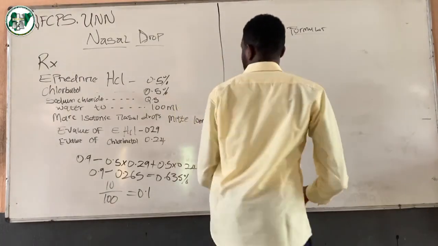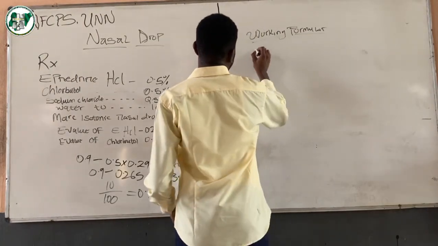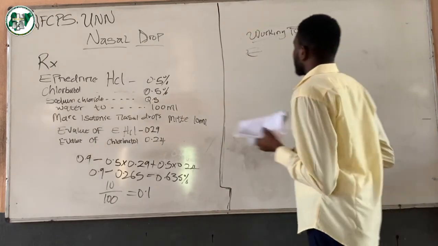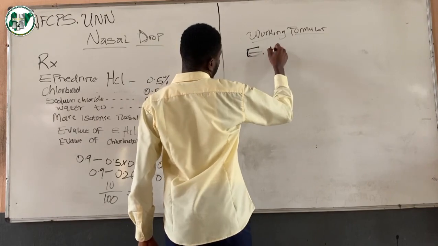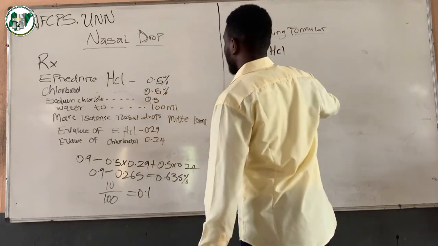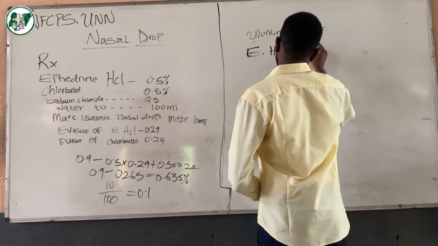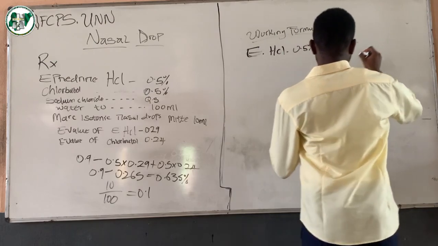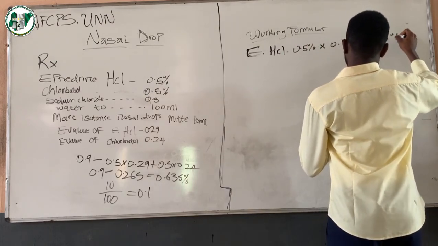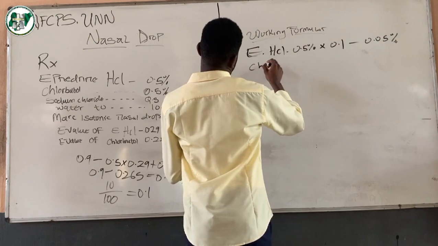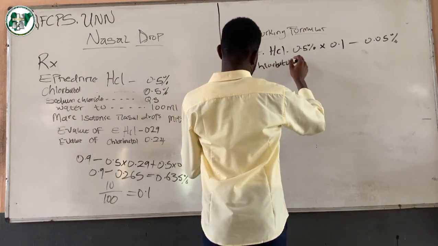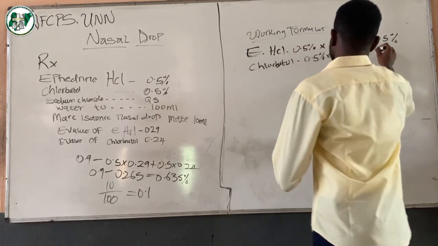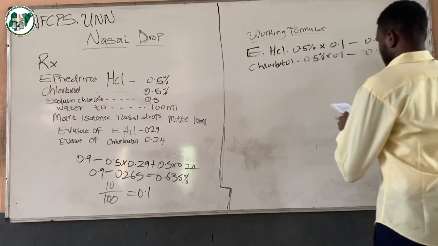So our working formula is going to be, for this ephedrine hydrochloride, we are going to be multiplying our concentration, which is 0.5% multiplied by 0.1, which gives us 0.05%. For chlorbutol, 0.5% multiplied by 0.1, which gives us the same 0.05%.